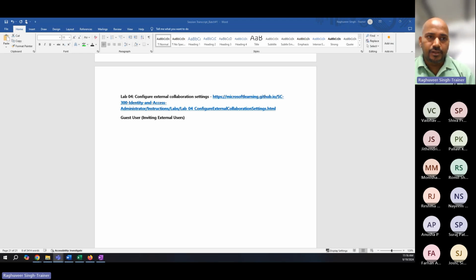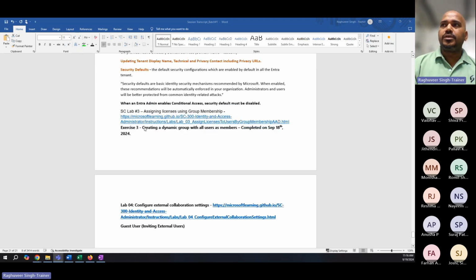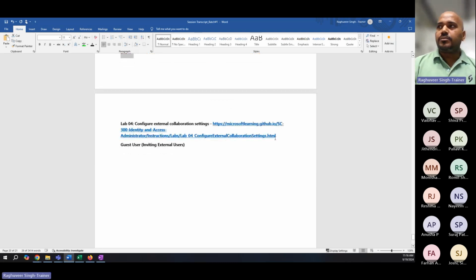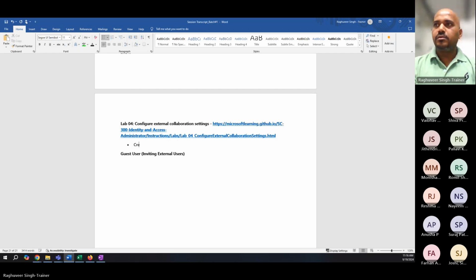First is to create their member account, right? So when you want external collaboration, the first option that you have is to create a member user for third party vendors, contractors, etc. That's the first option.